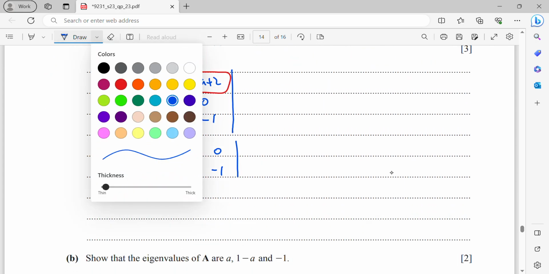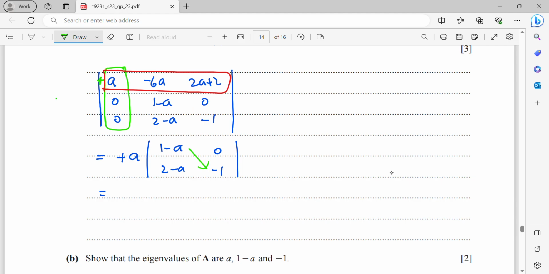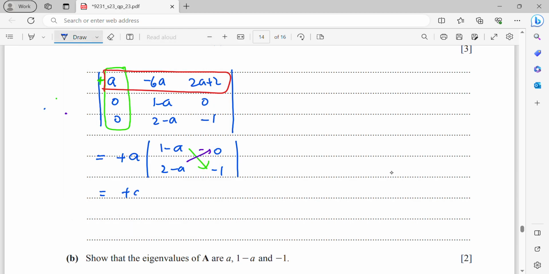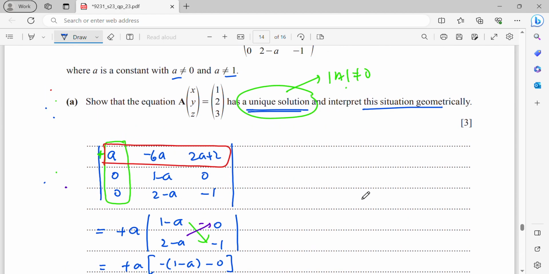Now for the 2 by 2 determinant, it will be the green arrow minus the purple arrow. So I will get plus a, negative times 1 minus a, minus 0. So from here, I'll get a times negative a, bracket 1 minus a. Or probably I can just write a, bracket a minus 1. Now, when you look at here, a is not 0, a is not 1.